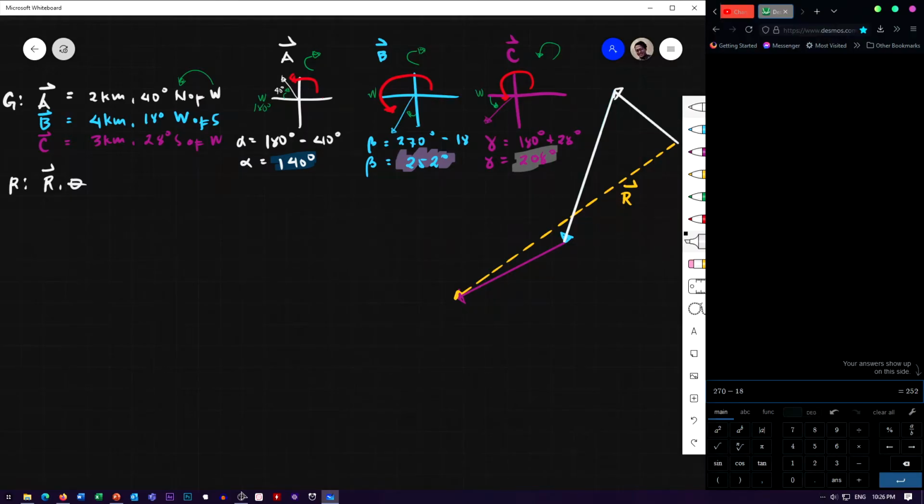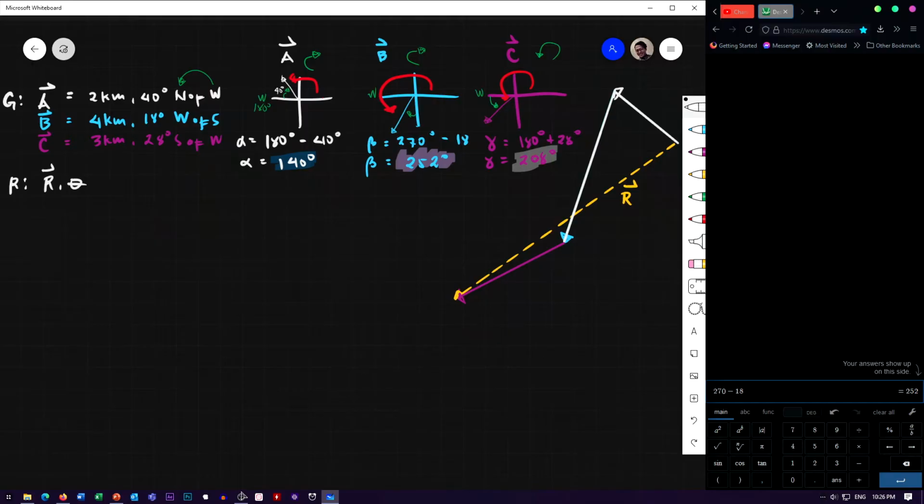Okay, so first I'm going to try to solve using the angle at the given. And then for the second example we're going to use the true angles, so I call them.